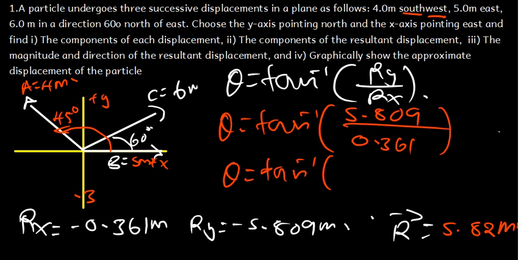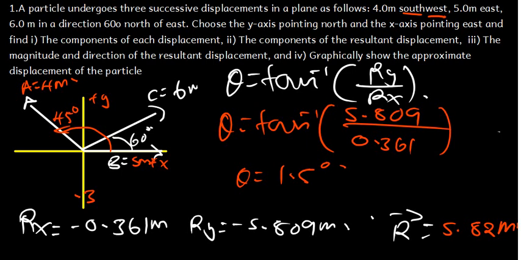Then you open the brackets, you say 5.089 divided by 0.361. You close the brackets. So I'm getting 1.499, which is just the same as 1.5. So the theta is 1.5 degrees.